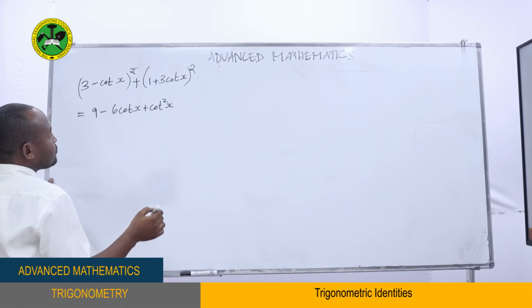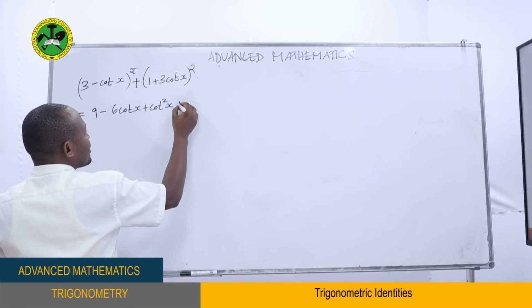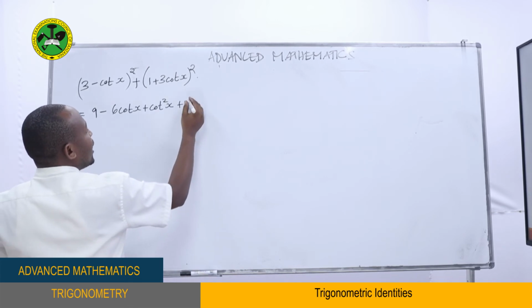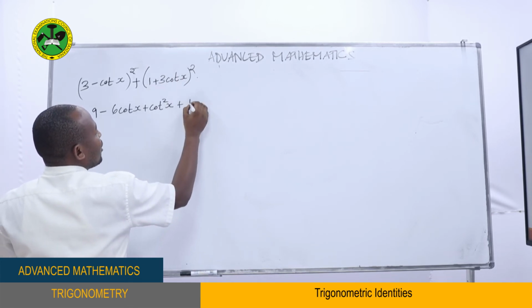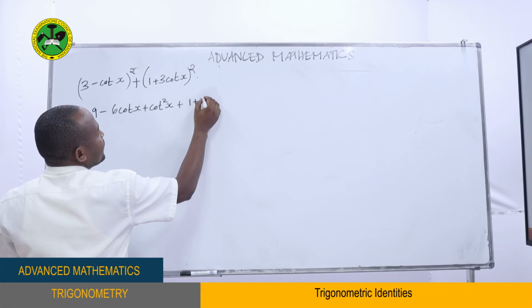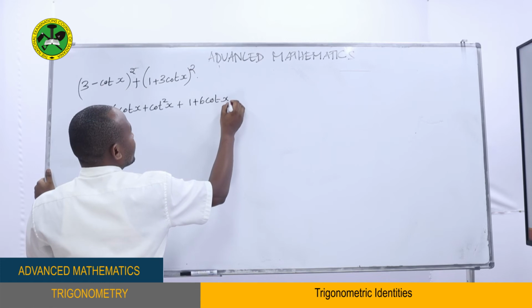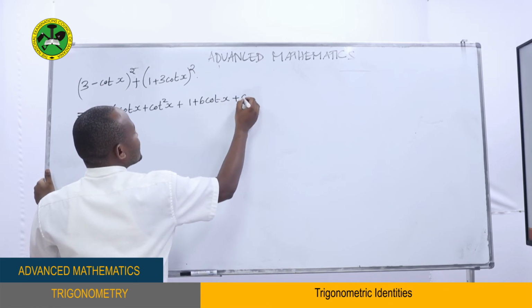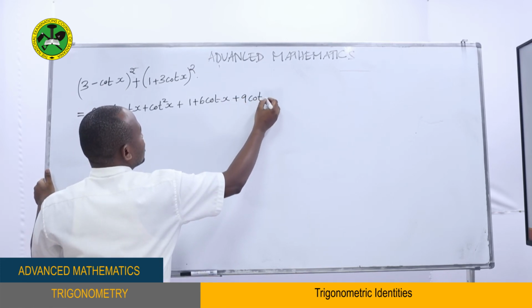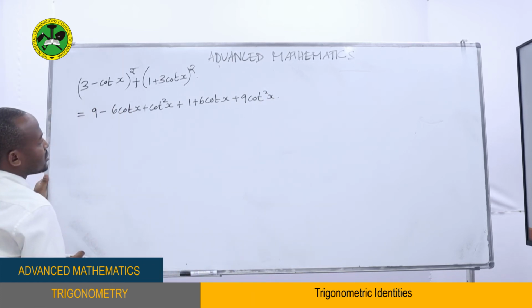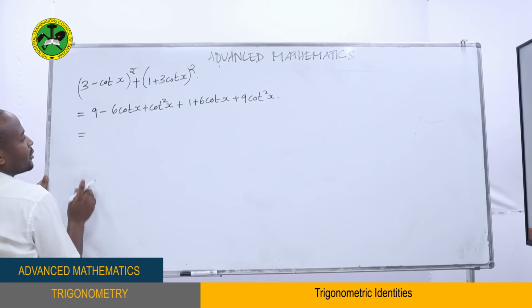You can use Pascal's triangle or just write the 2 and then simplify. You will also end up with this one, and that means there we have a 1, there we have a 6 cot x, plus 9 cot square of x.